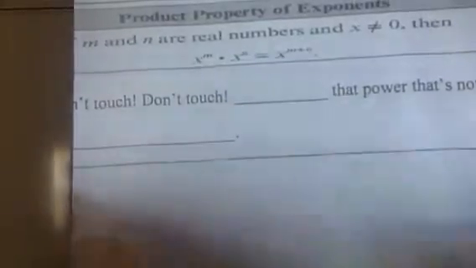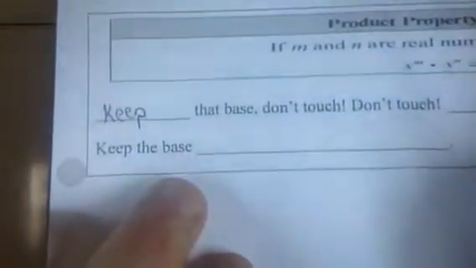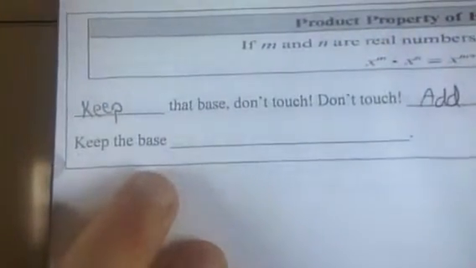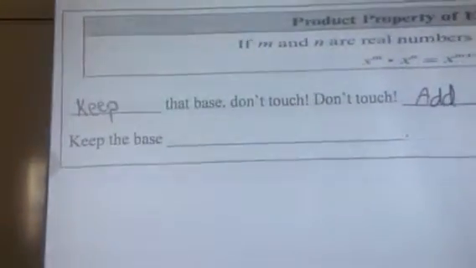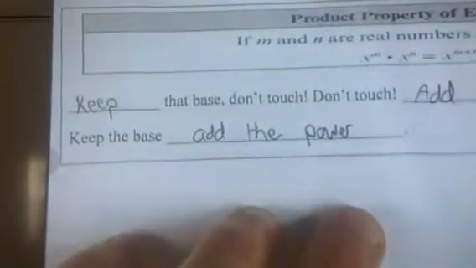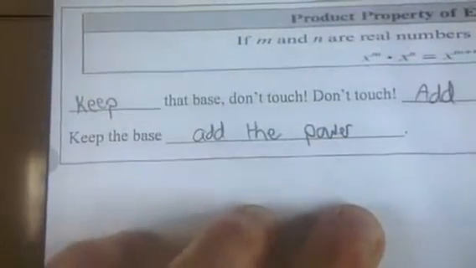So two numbers that are being multiplied that have the same base, all you have to do is add your exponent.